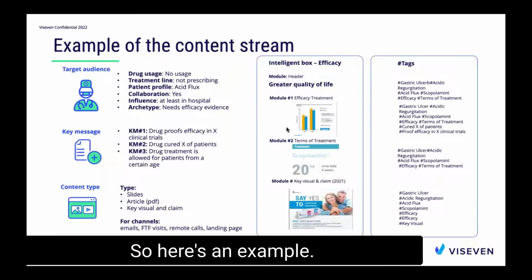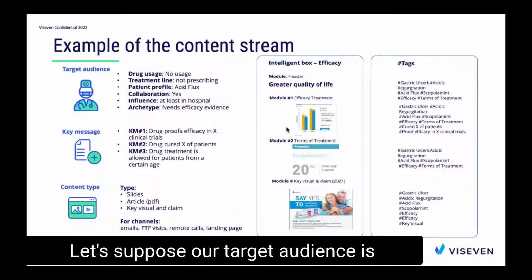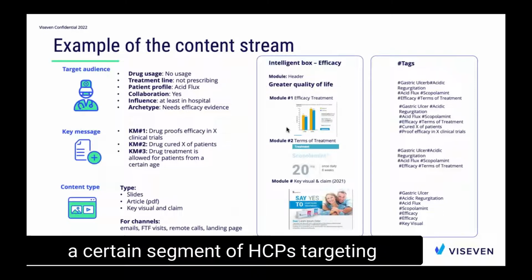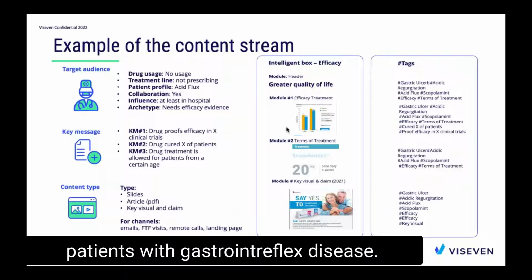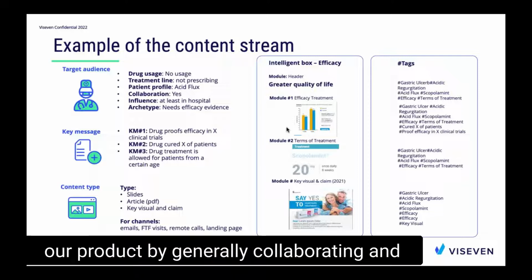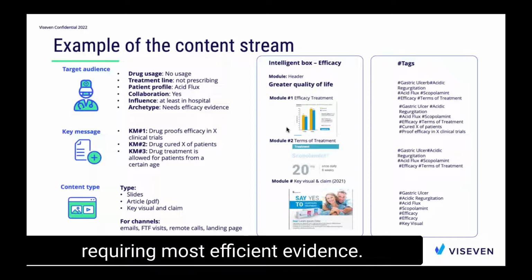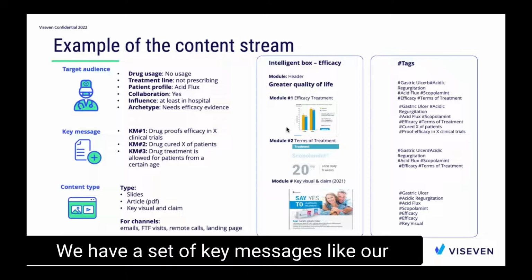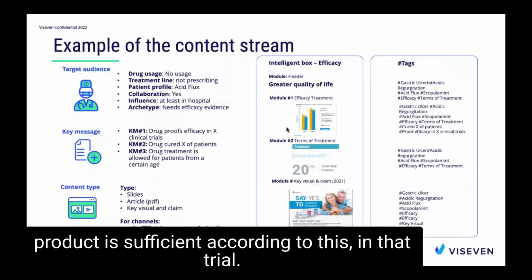So here's an example. Let's suppose our target audience is a certain segment of HCPs treating patients with gastro reflux disease. In this segment, they don't prescribe our product, generally collaborating and requiring the most efficient evidence. We have a set of key messages like, our product is efficient according to this and that trial.